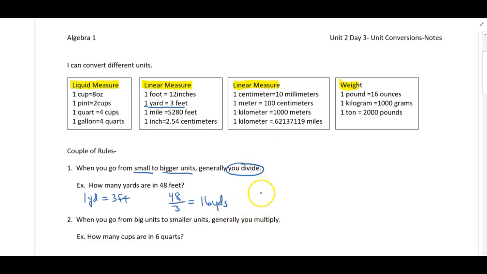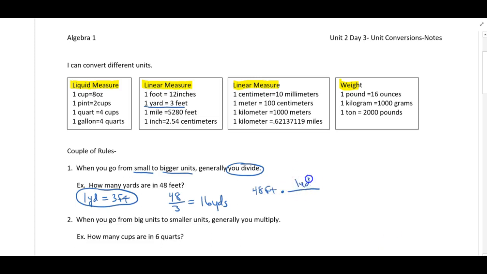We write the conversion, or what we know. We know we have 48 feet. And what we want to do is write a fraction so that the feet cancel each other out, which means one's in a numerator, one's in a denominator. And we take the conversion, such as 1 yard equals 3 feet. I want the number of feet to be in the denominator so they cancel out.